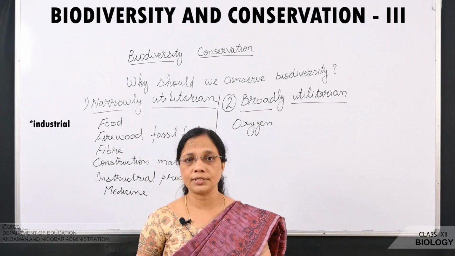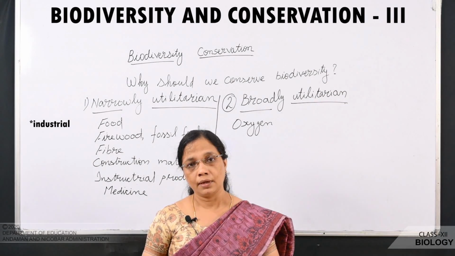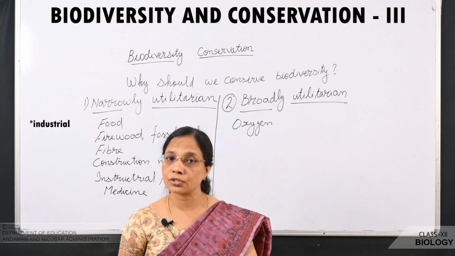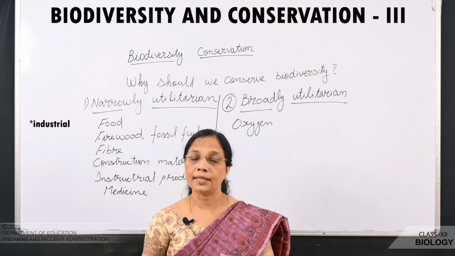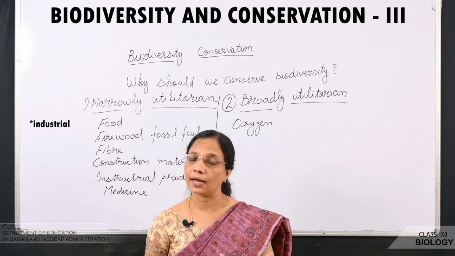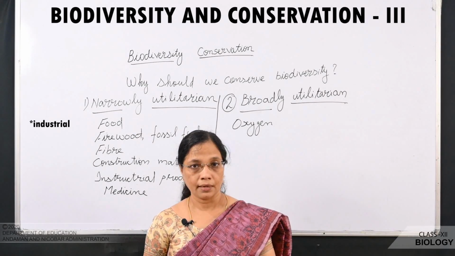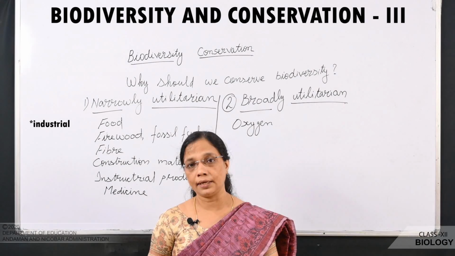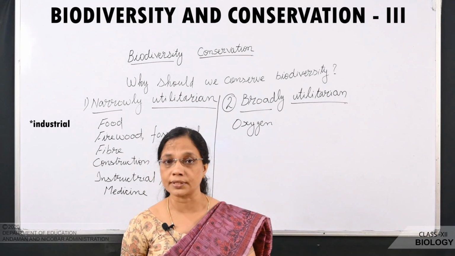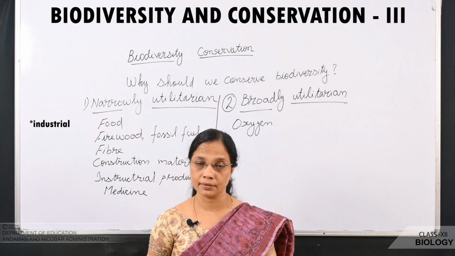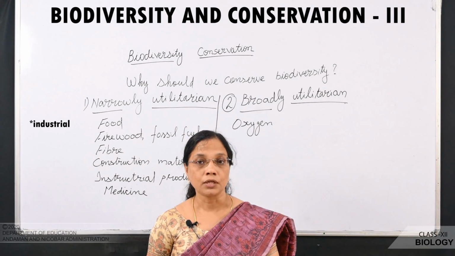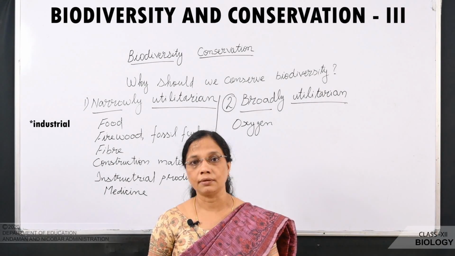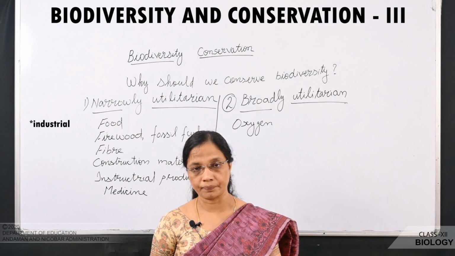We are getting oxygen from plants. Plants undergo a process of photosynthesis. During that process, oxygen is released. That oxygen is used by the other living organisms. Now, we have studied that Amazon forest is said to be the lung of the earth because it releases 20% of the total oxygen of this earth's atmosphere.